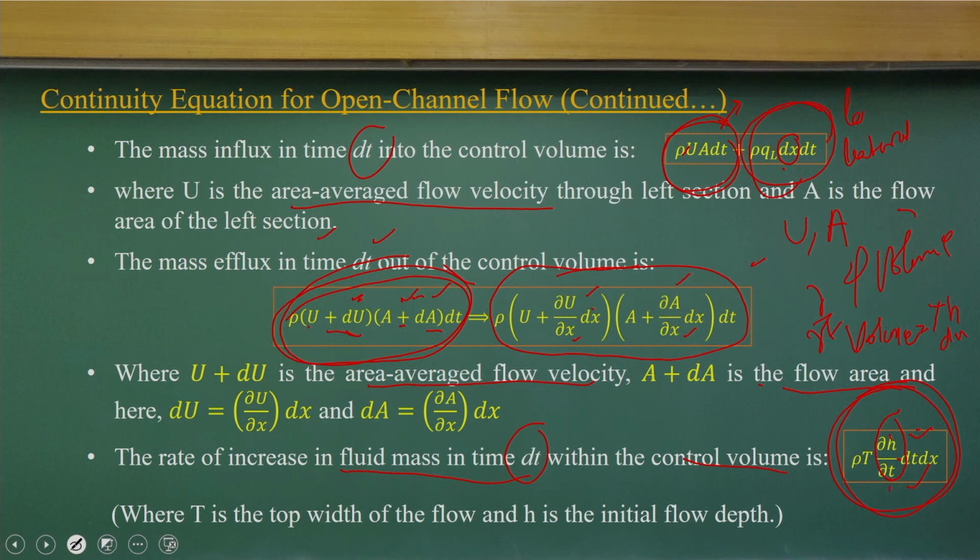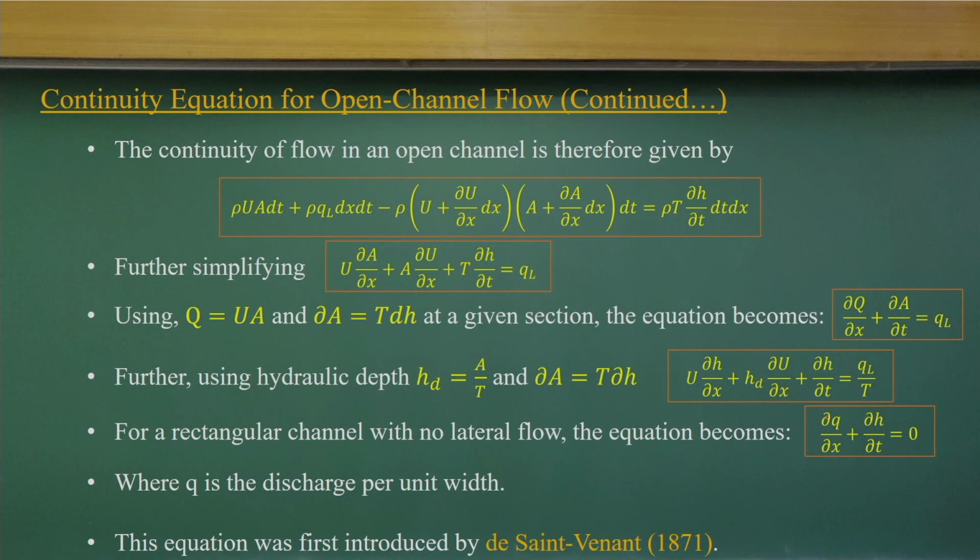Now I have to equate them to get the basic equations: the influx part, the outflux part, and the net change of the mass within this control volume, which is the open channel control volume with lateral flow of QL per unit length. So you can look at these equations, which are just a mass conservation equation of influx, outflux and change in the mass within the control volume.